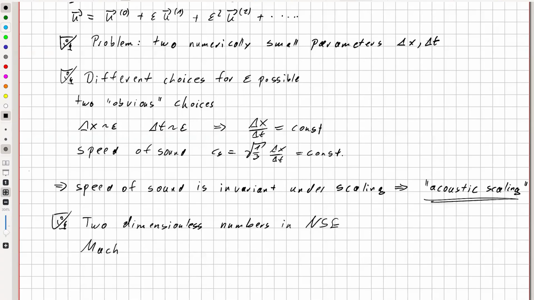This is, of course, only for the compressible Navier-Stokes equation. Mach is equal to U star divided by Cs. I'll call this now the physical velocity. Then we have the Reynolds number.